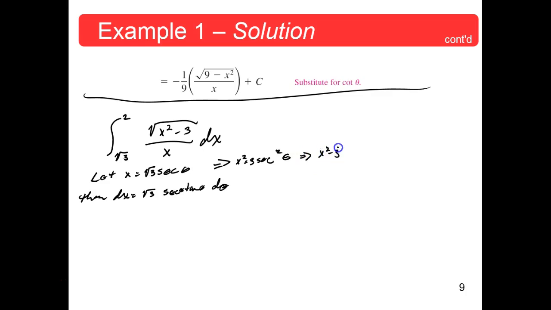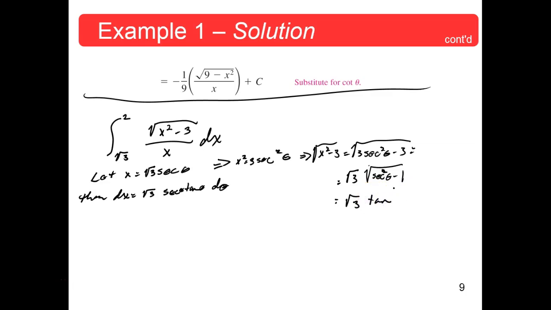X squared minus 3 would be 3 secant squared theta minus 3. Okay? And then the square root of this would be the square root of 3 times, I just pulled out the square root of 3, the square root of secant squared theta minus 1, which would be square root of 3 times tangent theta.